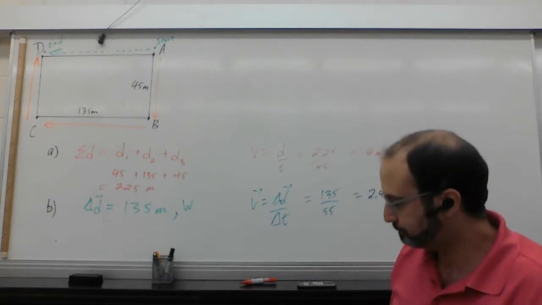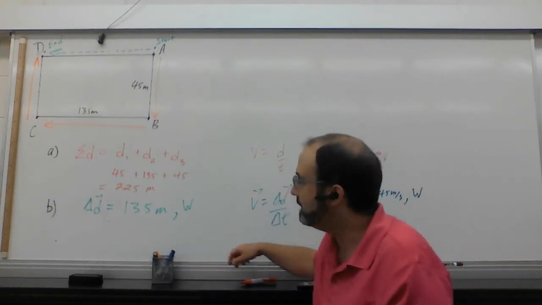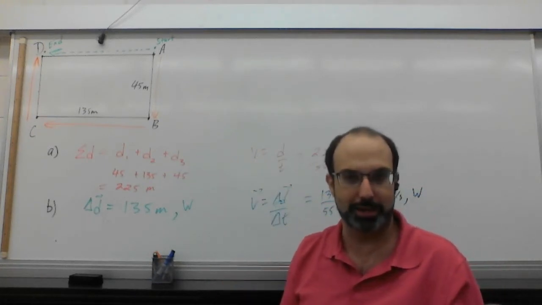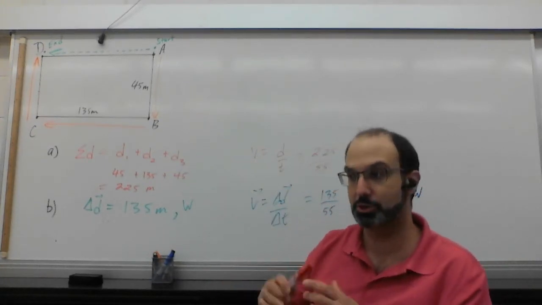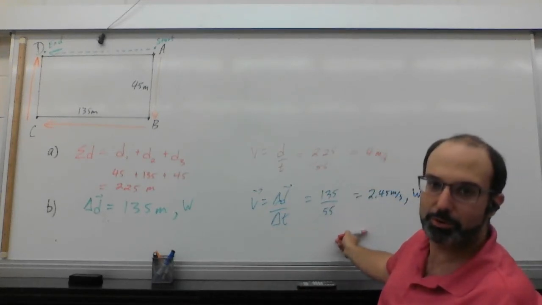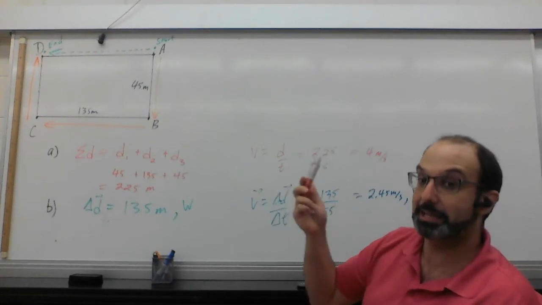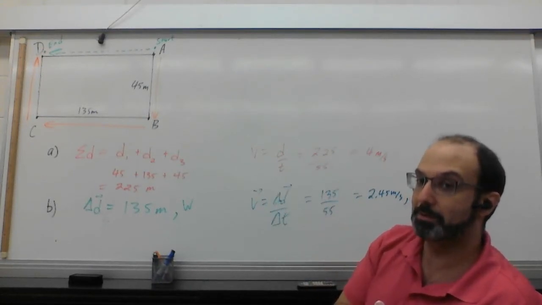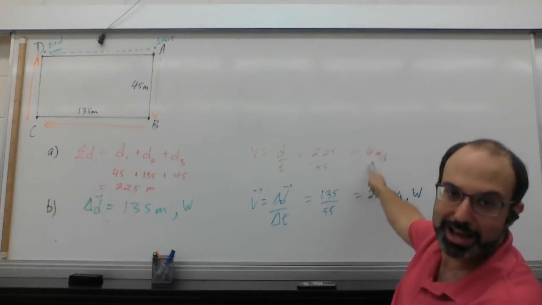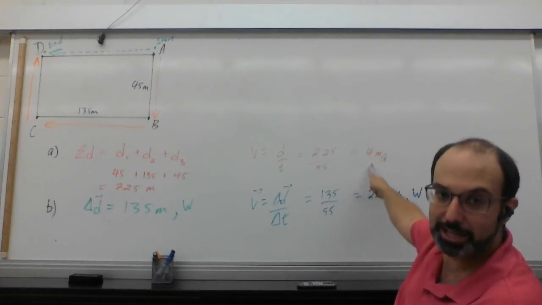Well, here's the thing. Remember what I was saying. The orange path on our square here is you taking the long way, whereas the green dotted line is the shortcut. What these two numbers are representing is that in order for you to arrive at D at exactly the same time, the person who's taking the long way has to run pretty fast. They have to do 4 meters a second.